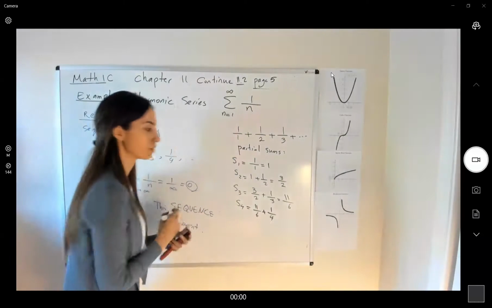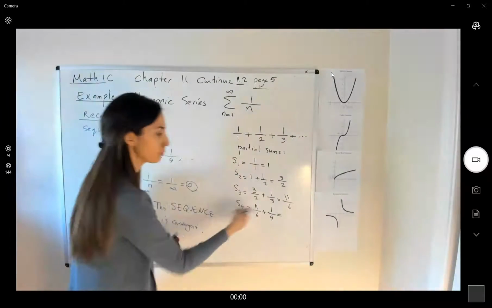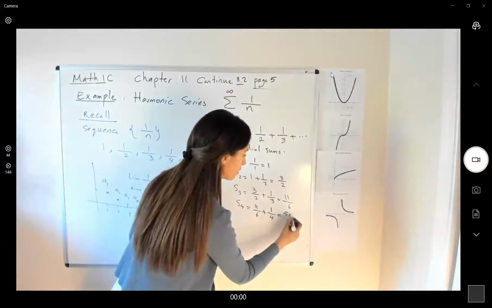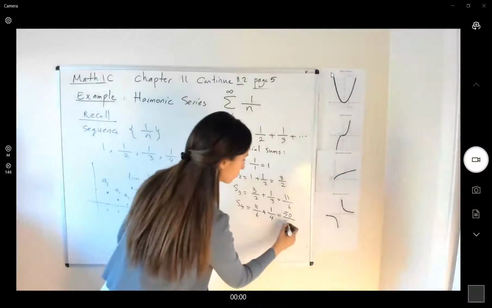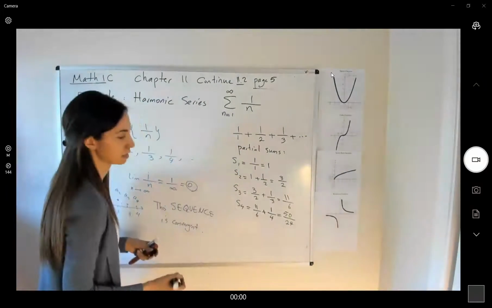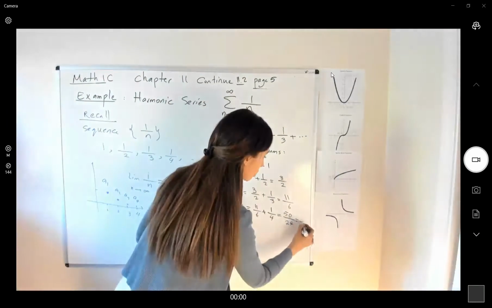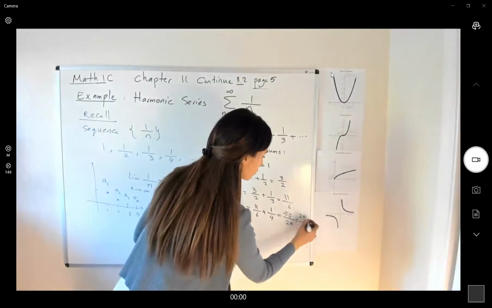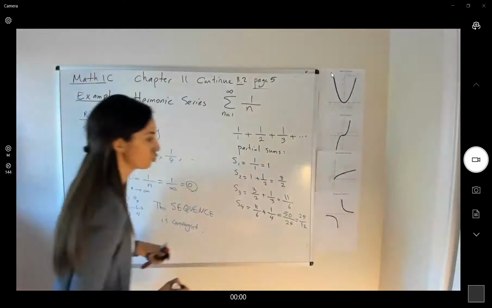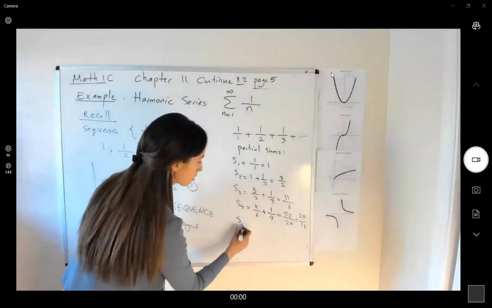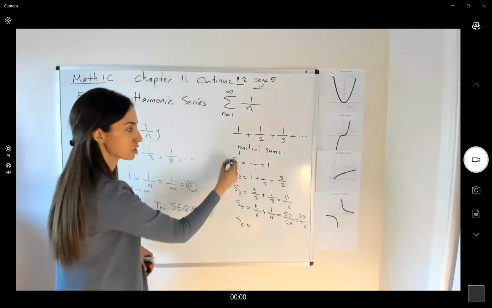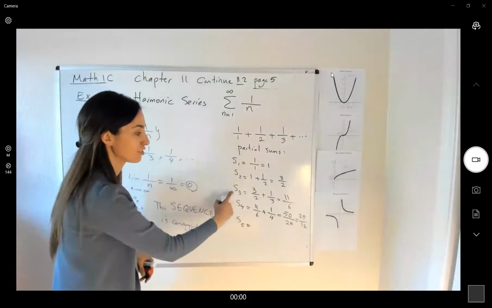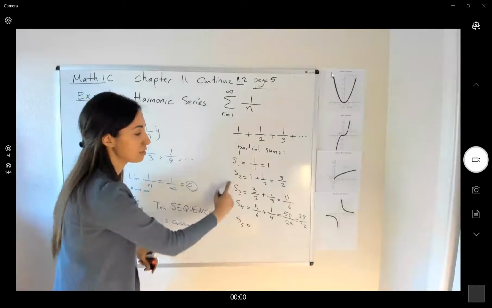plus 1 over 4. You get 44 plus 6, which is 50 over 24. You can simplify this as well. If you divide it by 2, you get 25 over 12. Then you can form S sub 5. We are forming partial sums, and then we look at the behavior of this new sequence.